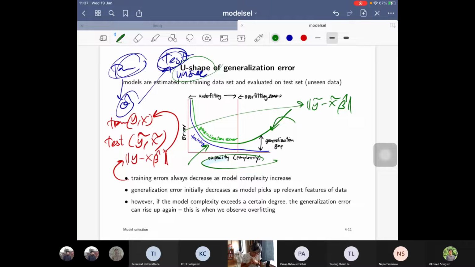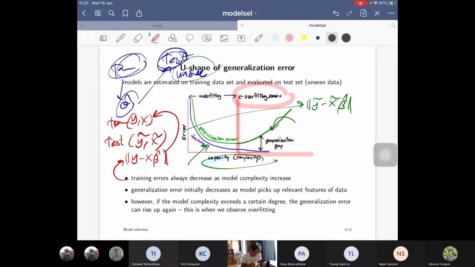This is the condition where you observe the overfitting zone, which means you're using too complex a model.